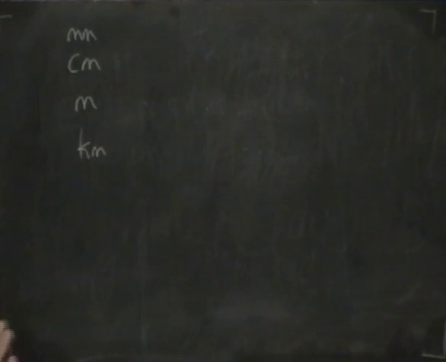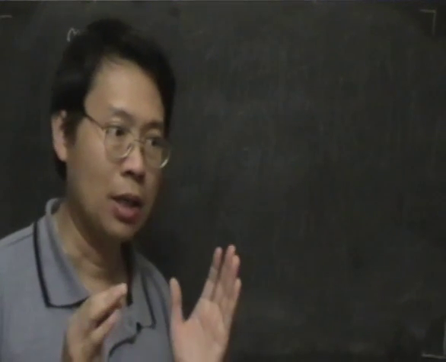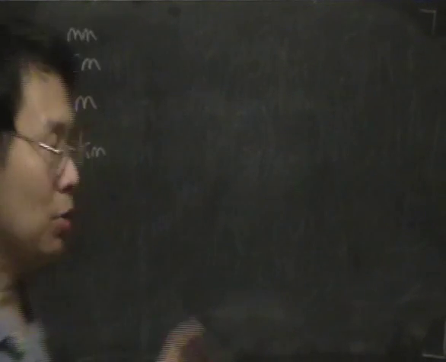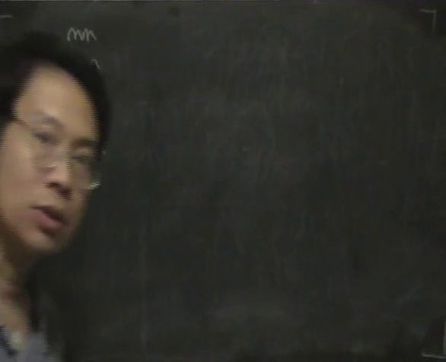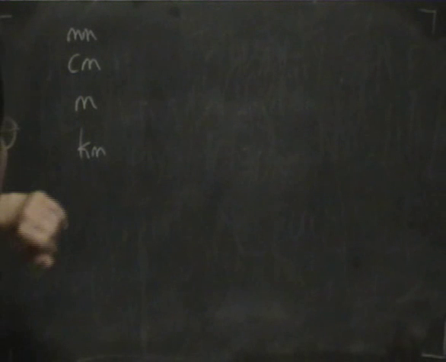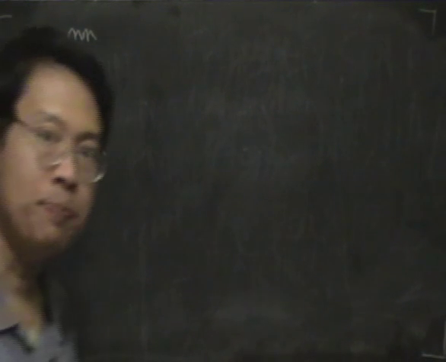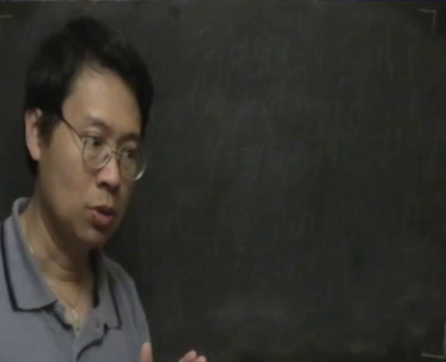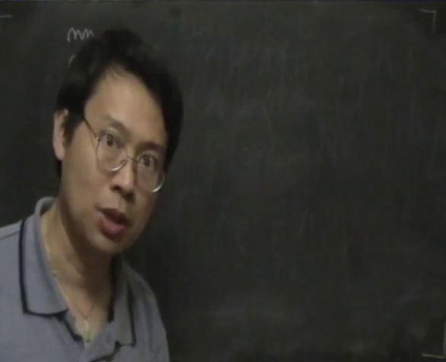Now what we need to do now is to start by knowing how they are related together. Okay? Now, 1 millimeter is what you would see on your ruler.